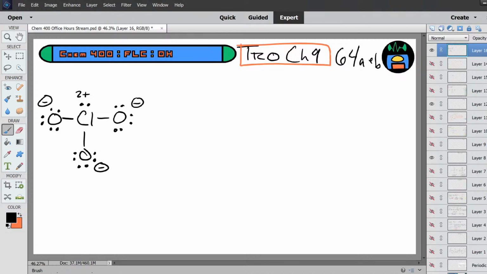All right, so we can minimize formal charges if we take a lone pair from one of our negative oxygens and use it to form a multiple bond to that positive atom. And since chlorine can break the octet rule, that's what makes this legal.